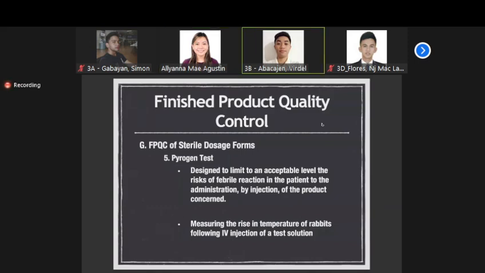It is in vivo, because we perform it using rabbits. We inject your parenteral solution into rabbits, then observe whether the rabbit develops a fever. Since we are moving away from animal cruelty and no longer want to use rabbits, we are leaning towards the in vitro, which is the bacterial endotoxin test. But the pyrogen test is the in vivo, using rabbits.